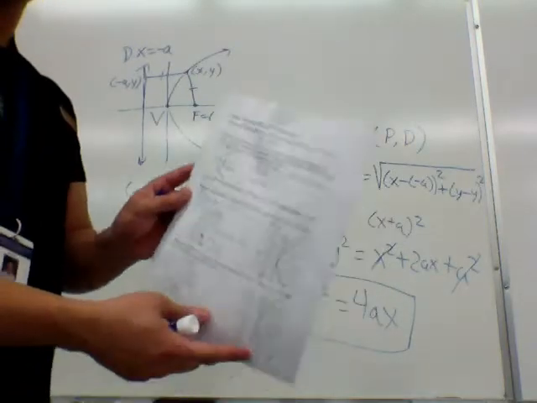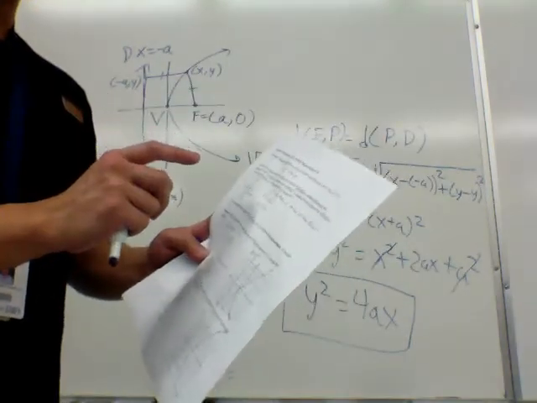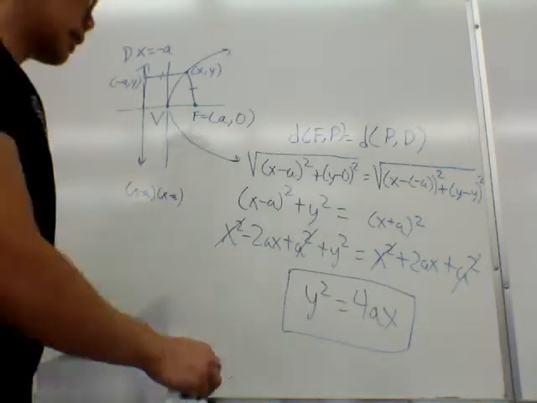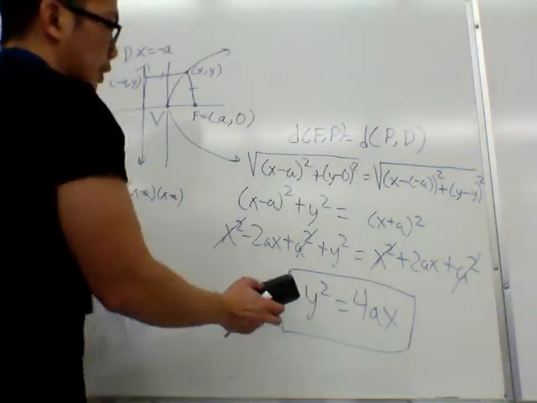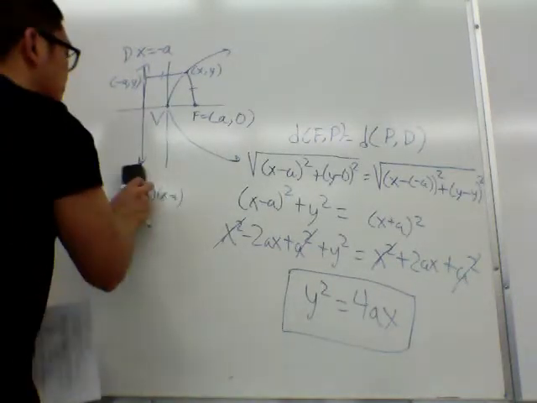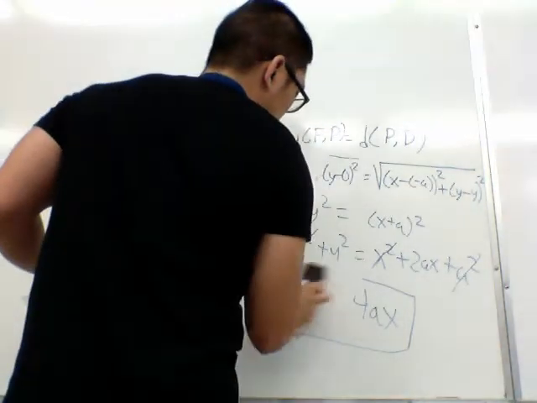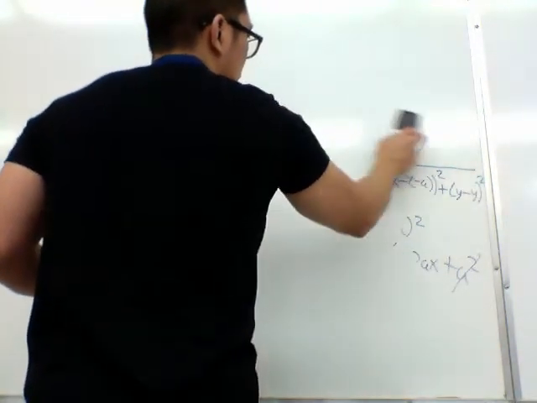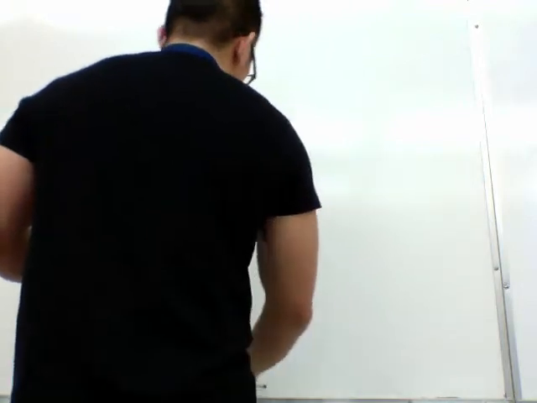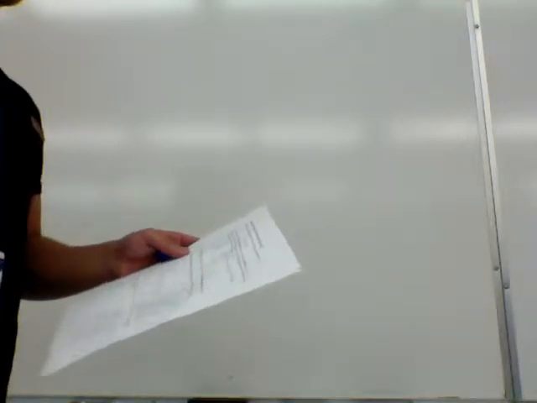So now let's turn the page, and we are going to look at the equation of a parabola again. Hopefully you have this down on the bottom of the first page. So now we're on the second page, and it says on the top, the equation of a parabola with vertex at (0, 0), focus at (a, 0).